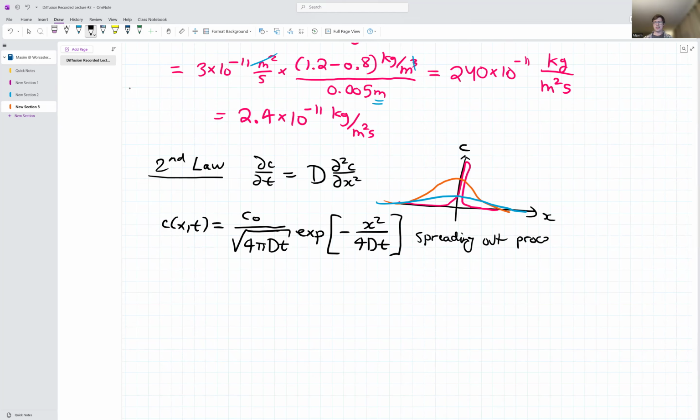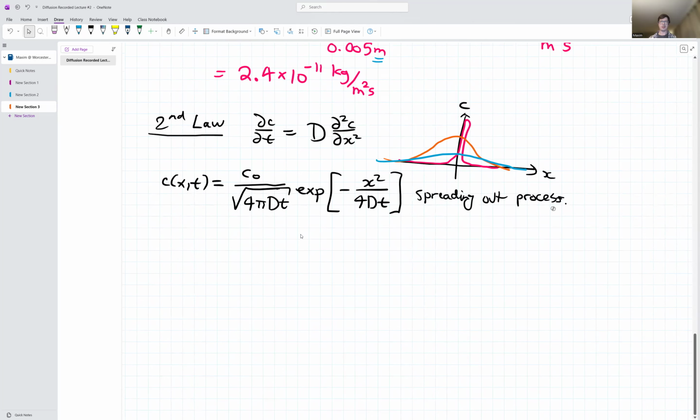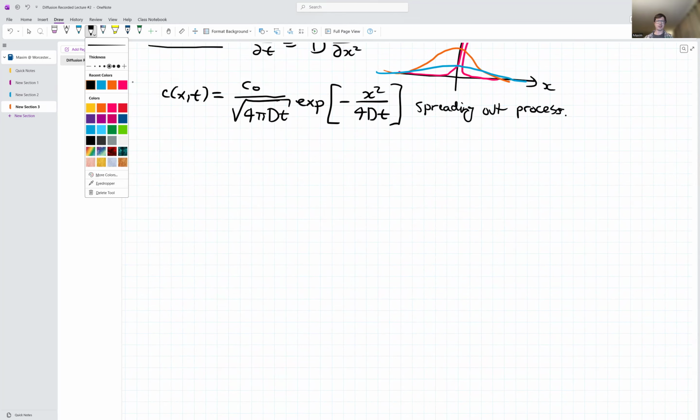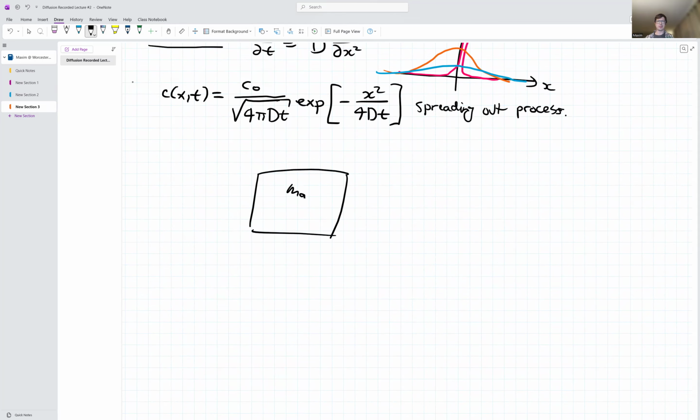That's usually not exactly the kind of problem you have in materials science, because you usually don't put a bunch of concentration in just one spot. What you usually do is apply some treatment to a material, and you want to know how long it takes for that treatment to penetrate your material. So say you have a chunk of material and you apply a very high concentration of something to one side of it.